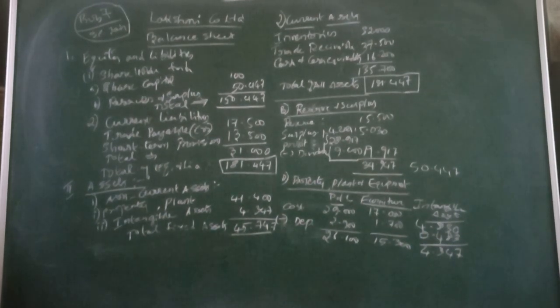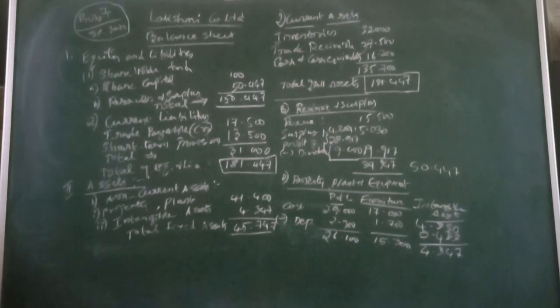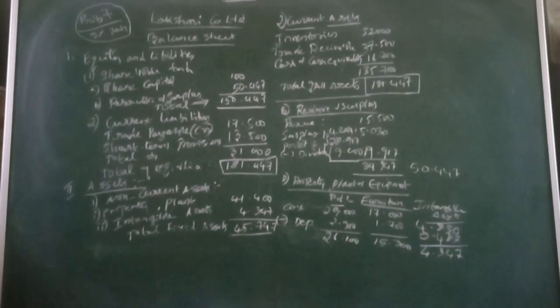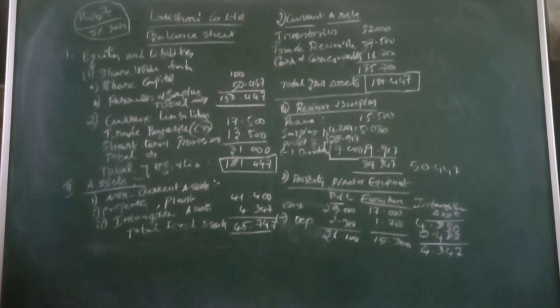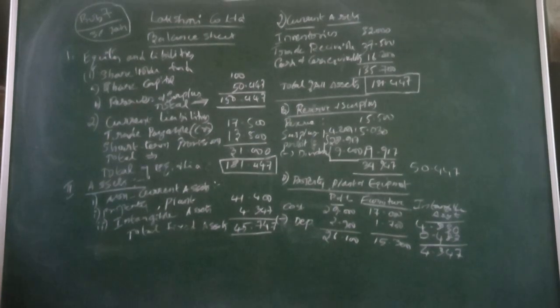We have to take it like that. First, non-current assets. What is that? Fixed assets, plant and machinery, intangibles, properties, etc. All those things are taken under non-current items.